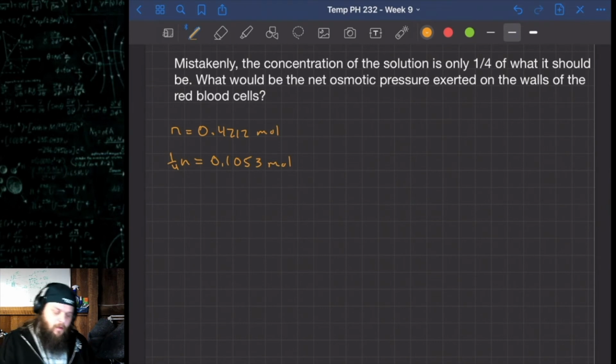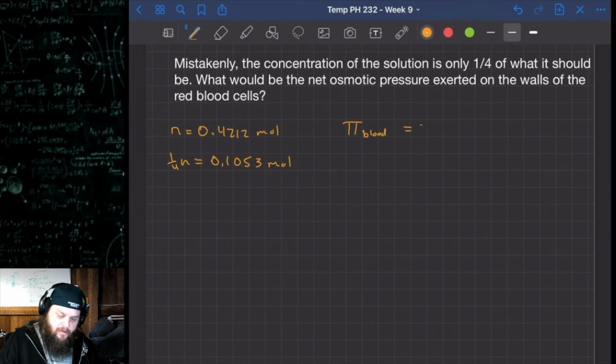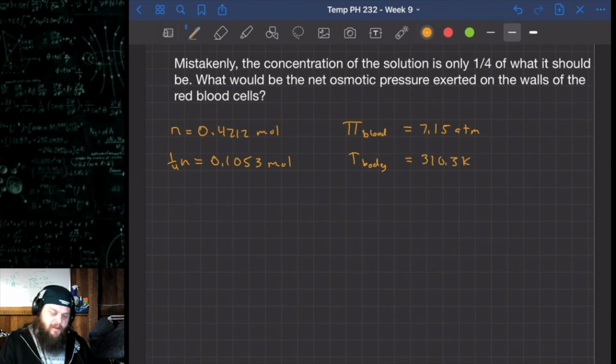Now, we know the osmotic pressure of the bloodstream is equal to 7.15 atmospheres. We know the temperature of the body, still equal to 310.3 Kelvin. Just rewriting it because it's all on the last page. I know that R is equal to 8.206 times 10 to the negative 2. Units are basically to cancel everything else out and get the units we want in there.